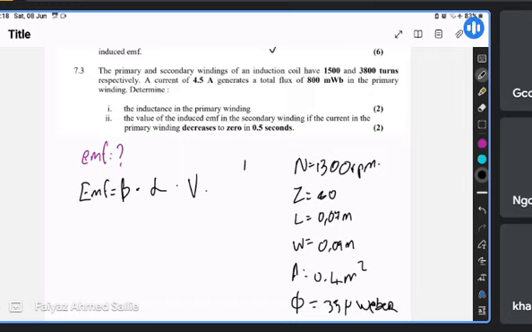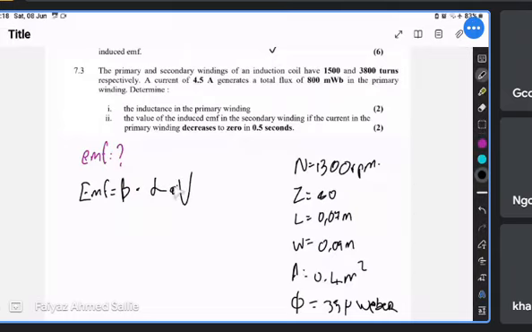So who knows what sine 90 and sine 0 is? Because if you forget in the exam room, you can just type into your calculator sine 90 is equal to 1, right? So that is where the maximum is. Sine 90 equals 1. That's the maximum. So we'll be using 1 here.